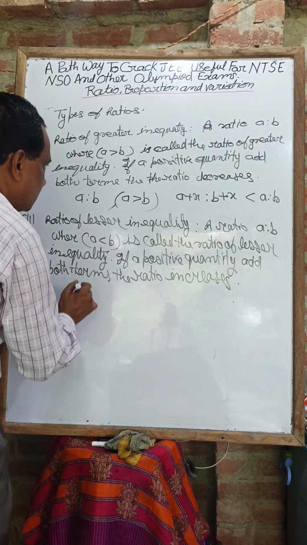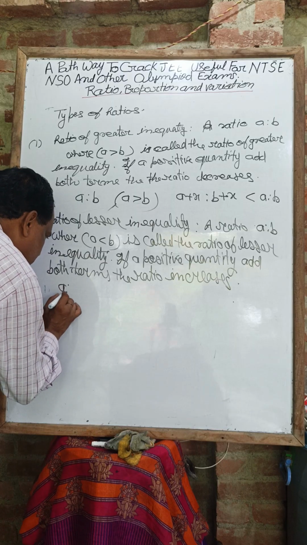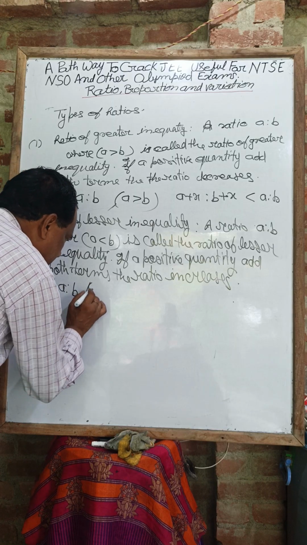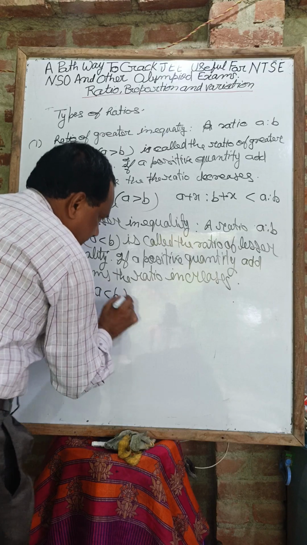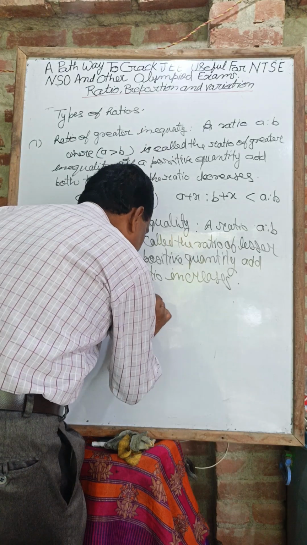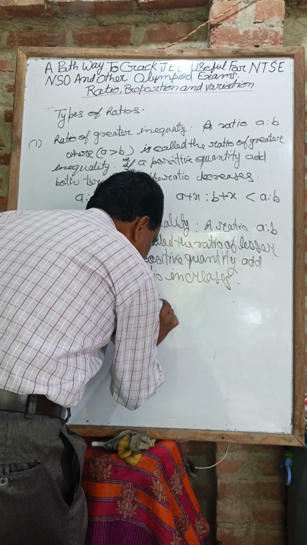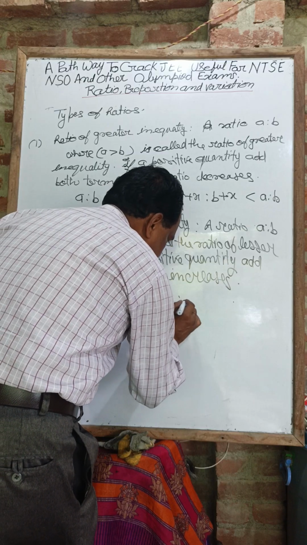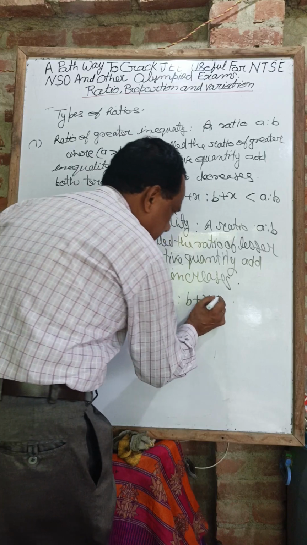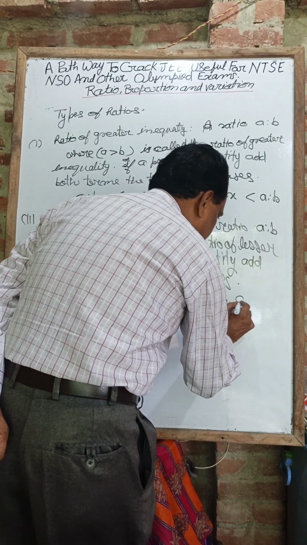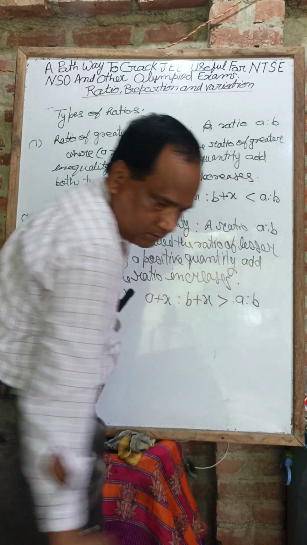As A is to B, where A is less than B, then A plus X is to B plus X is greater than A is to B.